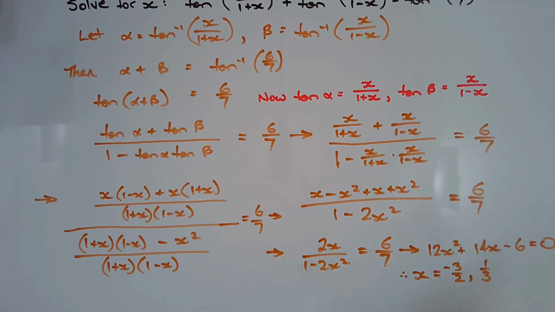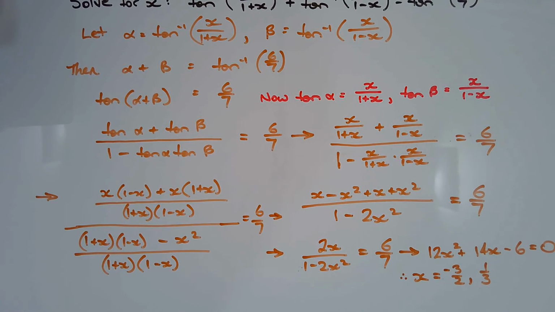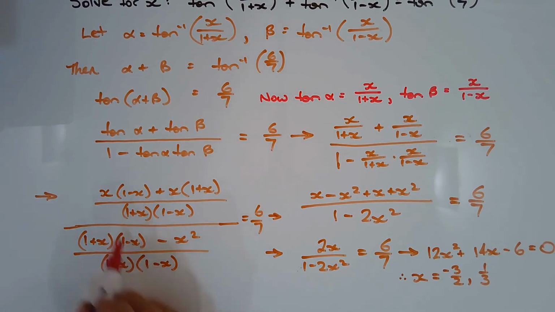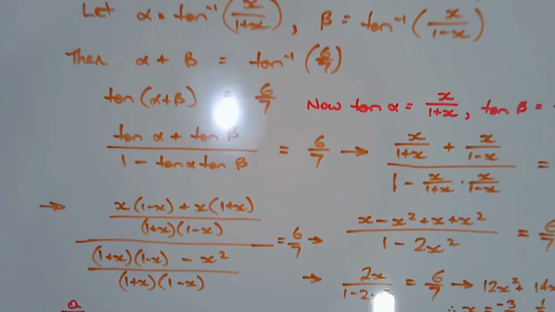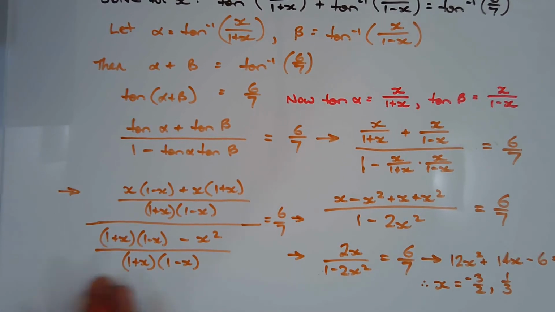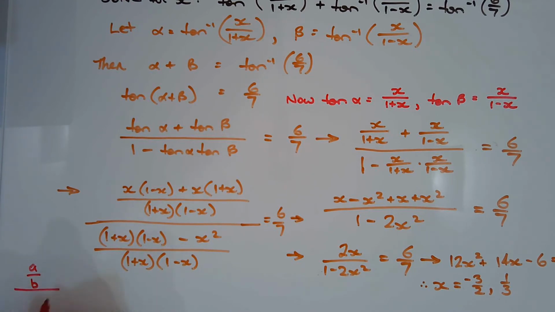I'm about to run out of space here, but I might see if I can move that up a little bit. In fact, if you write this as a division, that's like saying A over B, all over C over B, right?